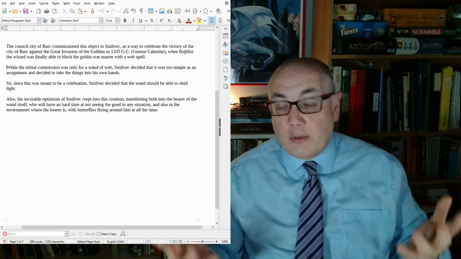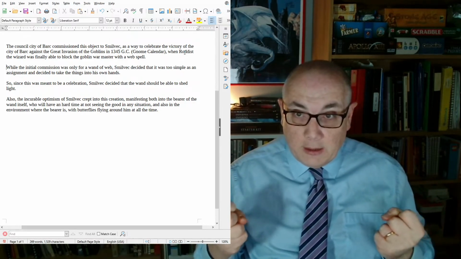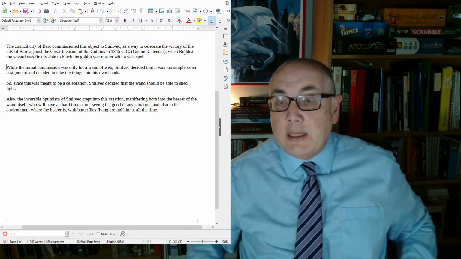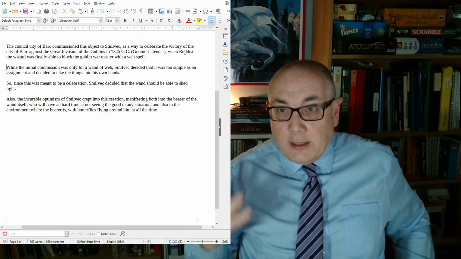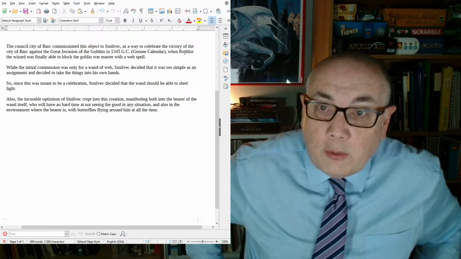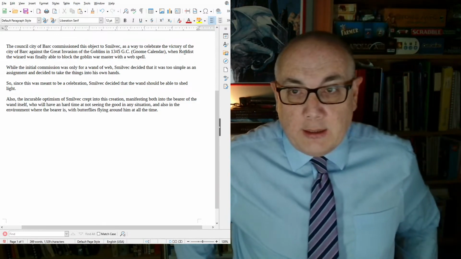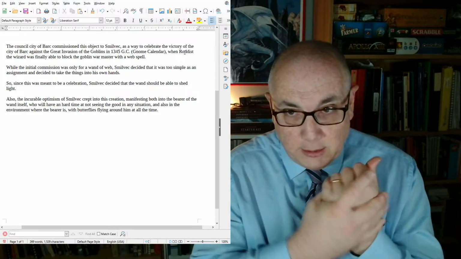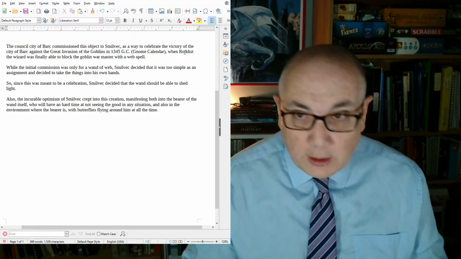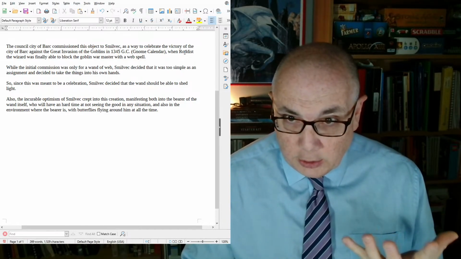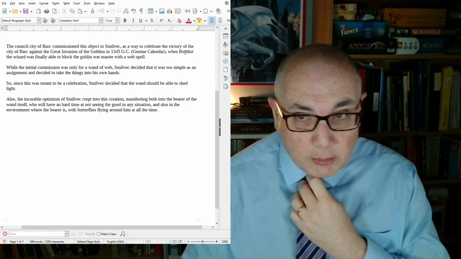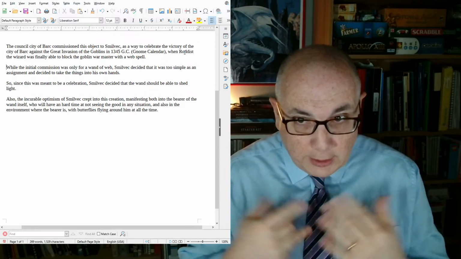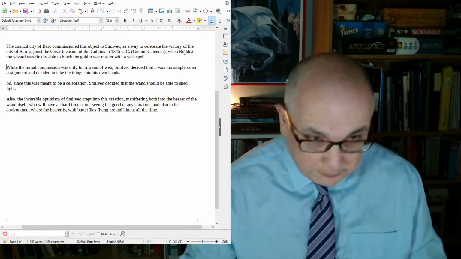And in order to celebrate this, they decided to create a wand which would enable the bearer to cast this precious spell. Since this is an object which is meant to be an ornament or a celebration, I could think that this is okay.